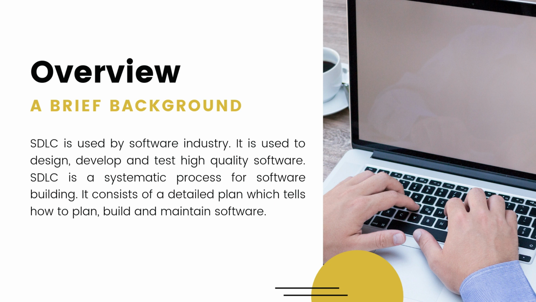Software development lifecycle reaches within the time and cost estimates. It is a systematic process for building the software that ensures the quality and the correctness. Software development lifecycle consists of a detailed plan which tells us how to plan, build and maintain the specific software or system.